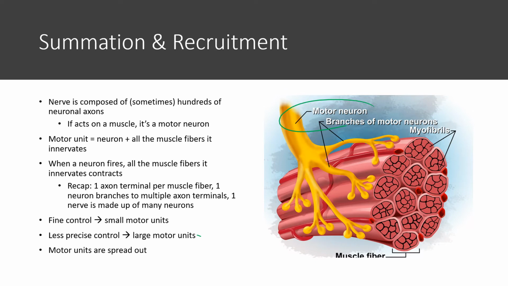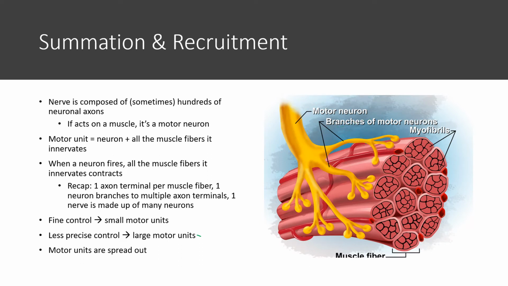So here's one motor neuron, and that branches off and touches all of these individual muscle fibers. There's one axon terminal per muscle fiber. One neuron branches to multiple axon terminals. One nerve is made up of many neurons. Conversely, lots of neurons make up a nerve.